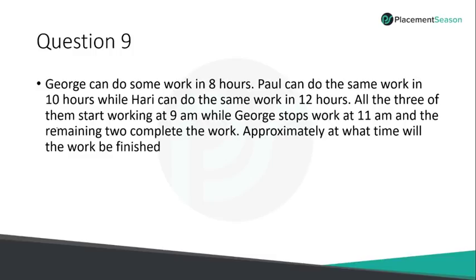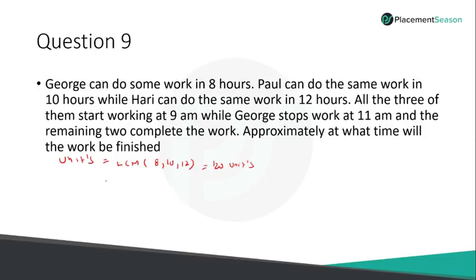See, George can finish a work in 8 hours, Paul the same work in 10 hours, Harry can do the same work in 12 hours. Correct. So first, as per the unit method, we have to calculate total units by taking the LCM of 8, 10 and 12. So this is 120 units. So totally they have to cover 120 units.